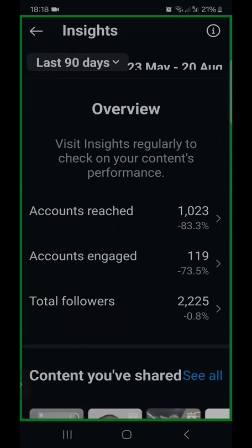If you divide 119 by 1,023, that is over 10% engagement, which is quite high, thinking about the normal level of engagement on Instagram and most social media platforms. So it means that it's not that people are not interested in my post. I'm probably the one that isn't posting enough. So that's another way to think about insights as well.